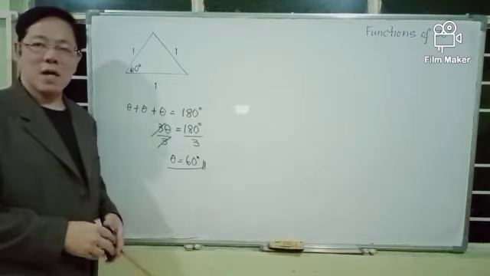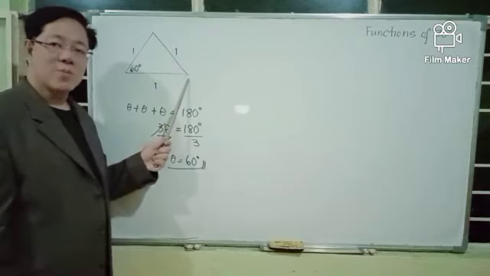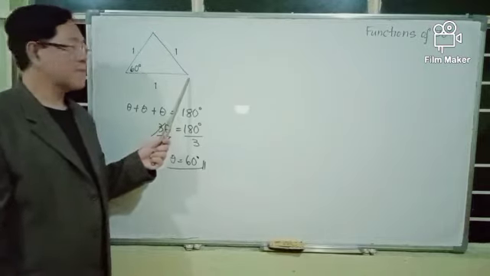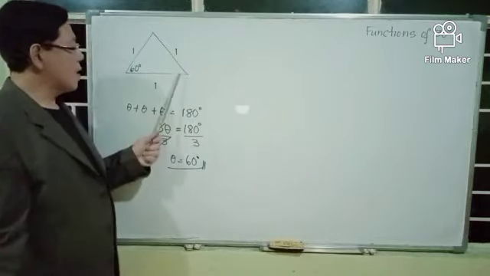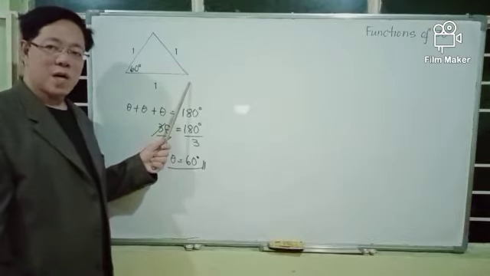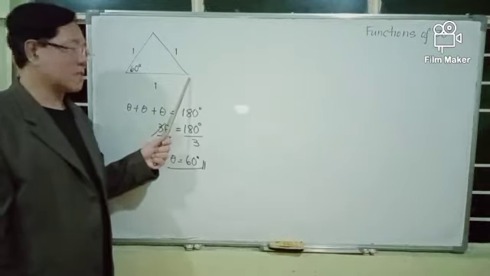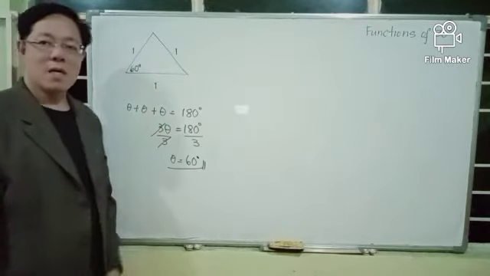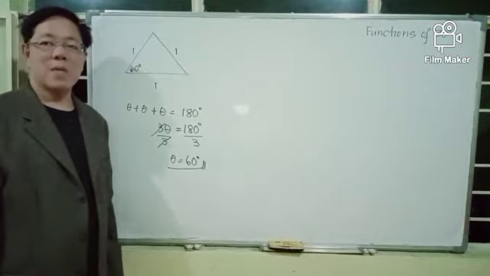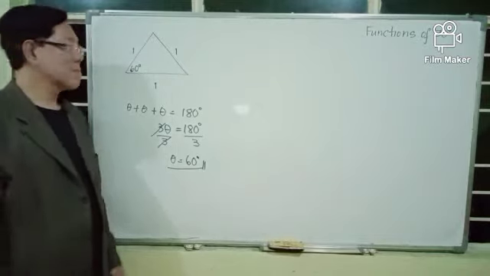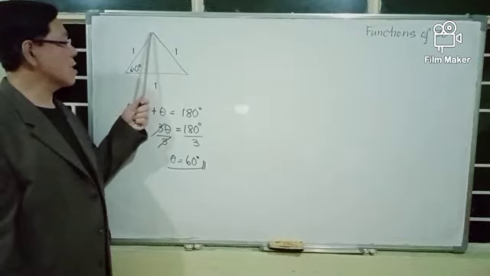Now, to construct a right triangle, from a vertex of one of the three congruent angles, we drop a perpendicular to the opposite side. We consider this vertex of this angle.